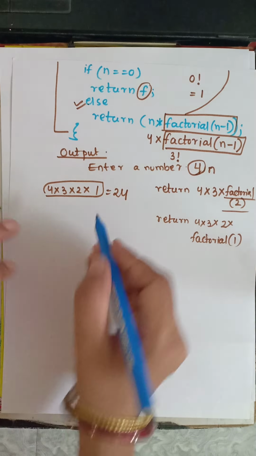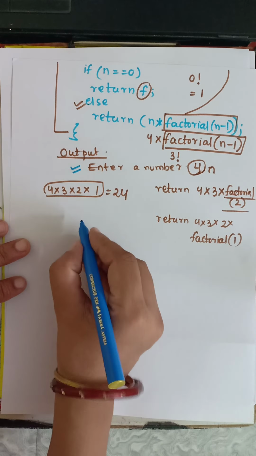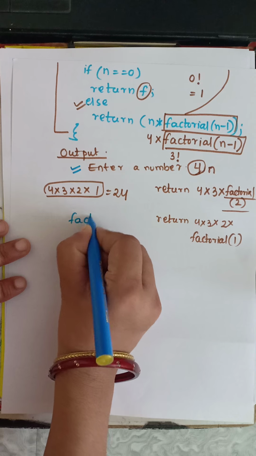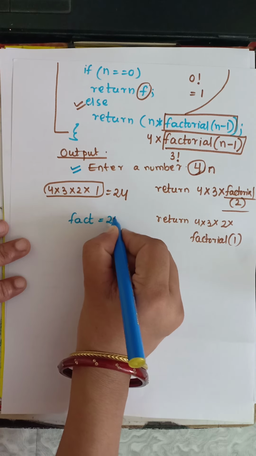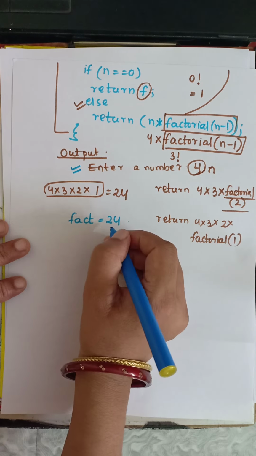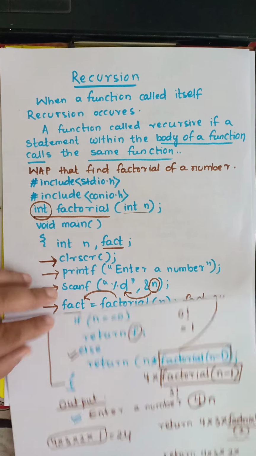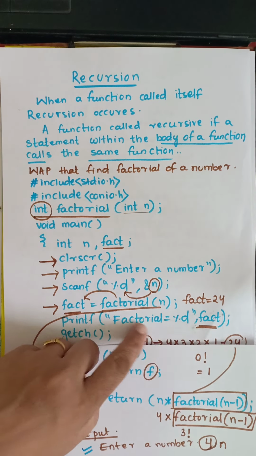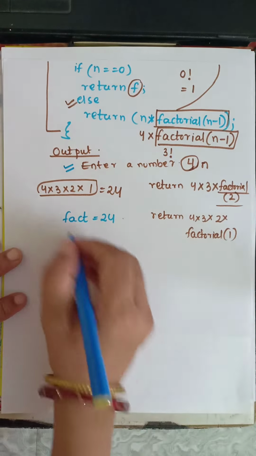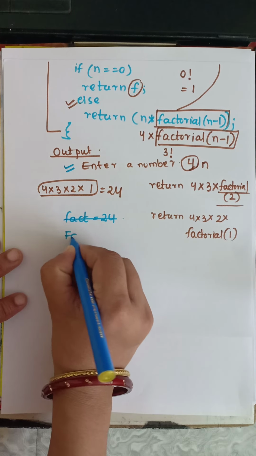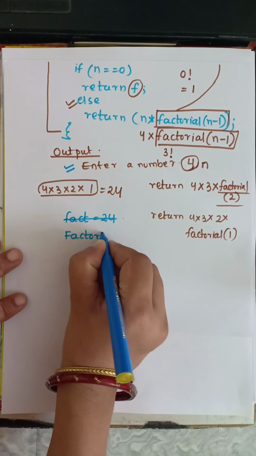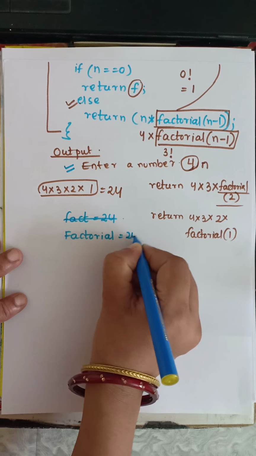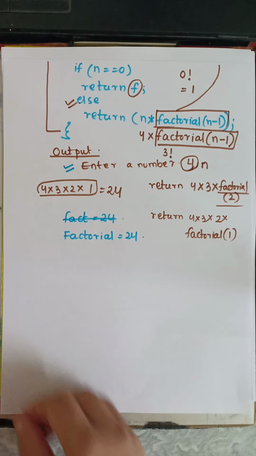First this line on my output screen, then the factorial equals 24. Okay, look here what I write: factorial equals 24, not fact. Here it displays factorial equals 24. So now you understand what recursion is.